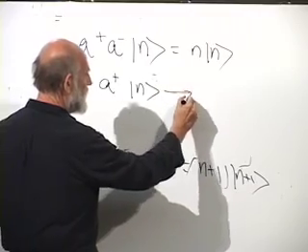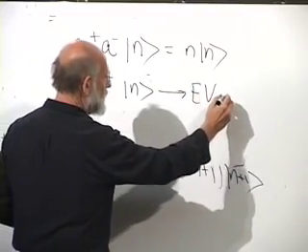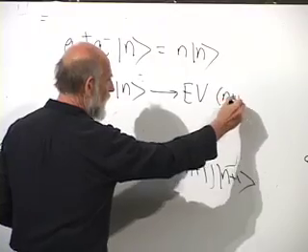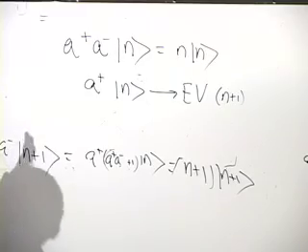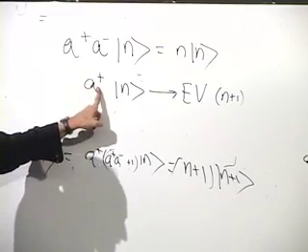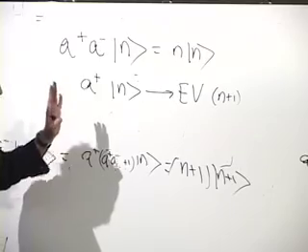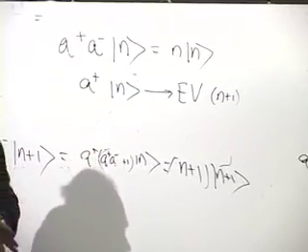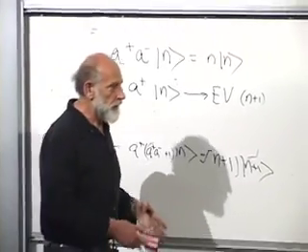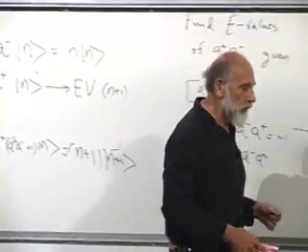This has eigenvalue n plus 1. I'm getting tired and I'm losing it, but I think you get the idea. The creation operator, A plus, acts on any eigenvector of A plus A minus to raise the eigenvalue by 1. Okay? Raises the eigenvalue by 1.